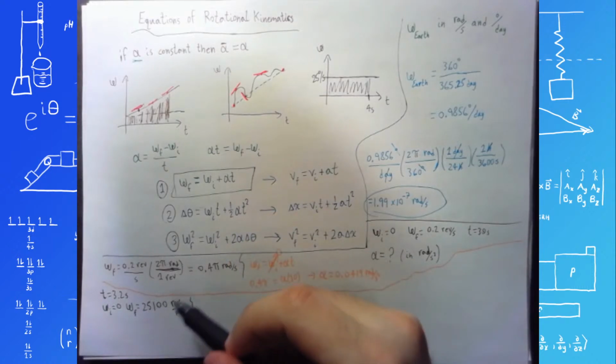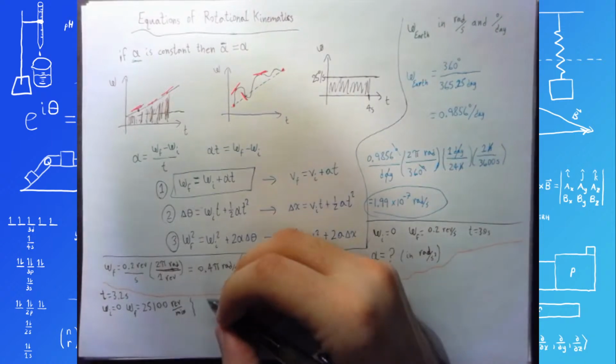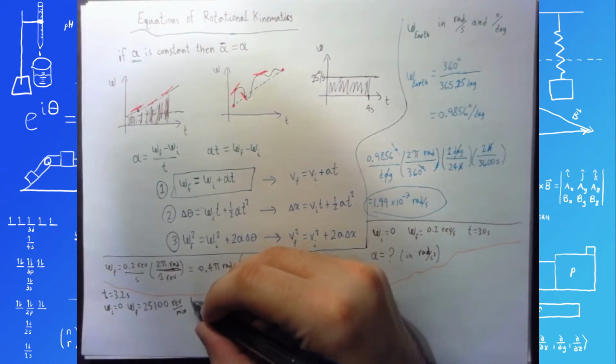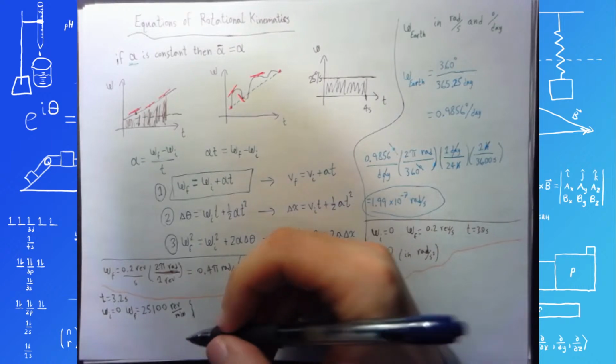Because if we do it right now without converting, we're going to get angular acceleration in revolutions per minute squared. And converting minutes to seconds right now would be easier than converting minutes squared to seconds squared later. It's still doable, but I would rather not have to deal with converting squared units if I don't have to.